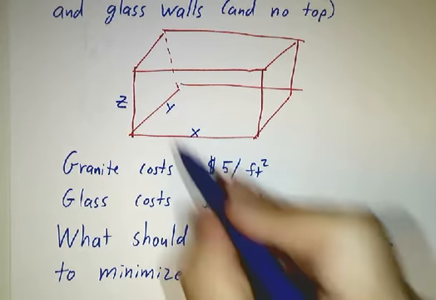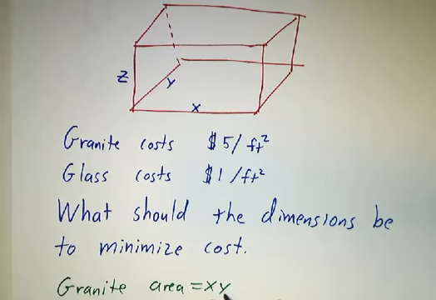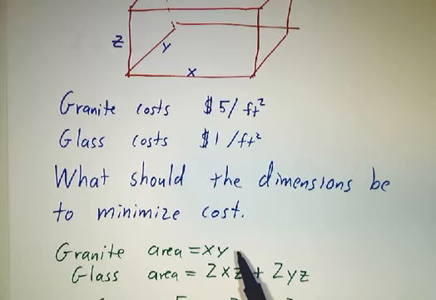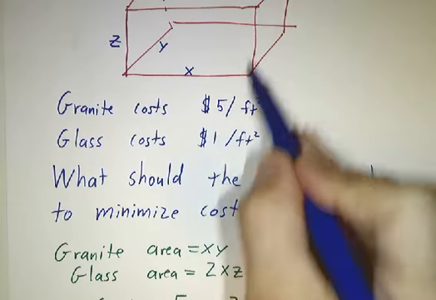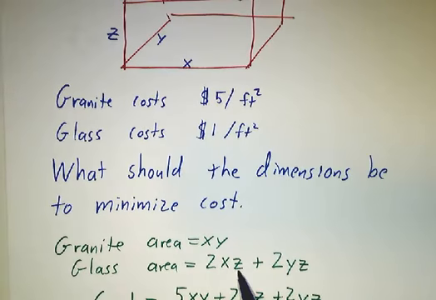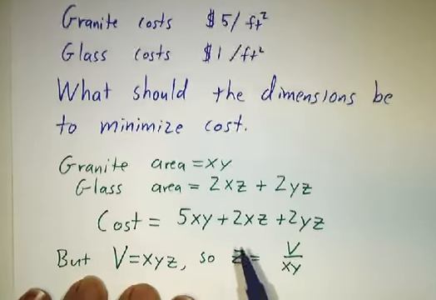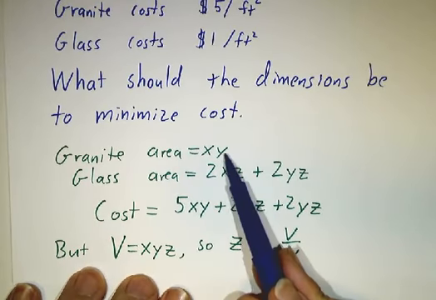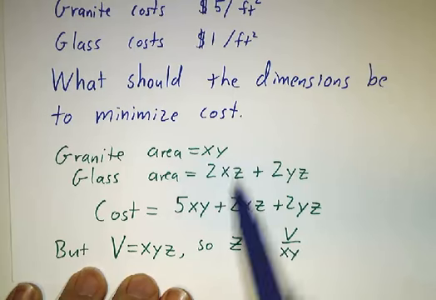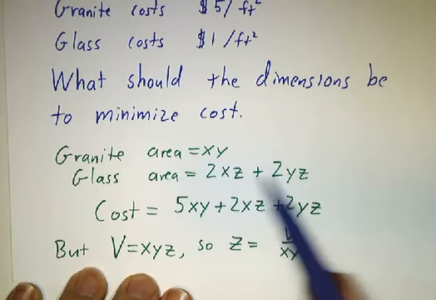That means that the area of the base is xy. And the area of the sides is 2xz, that's the front and the back face, plus 2yz, that's the left face and the right face. You put it all together, and you get that the total cost is $5 times the granite area, plus $1 times the glass area.